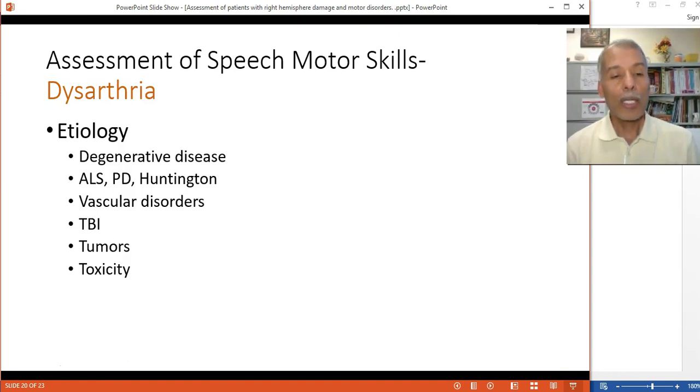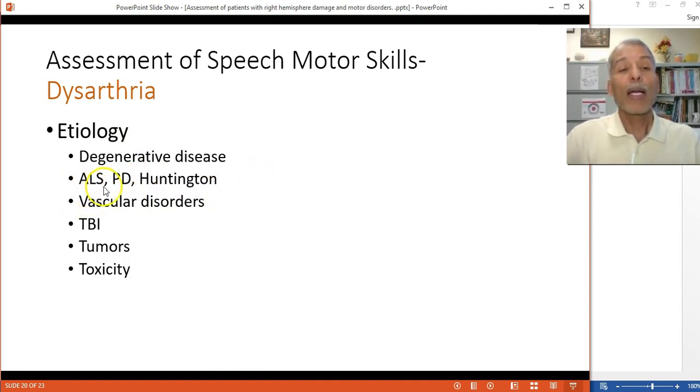Again, they understand what they want to say. Everything is fine in terms of comprehension and meaning, but muscles are weak, and they usually are slow and have a list of symptoms that we'll explain in a couple of minutes. But in terms of the etiology, there are many causes of dysarthria, including degenerative diseases.